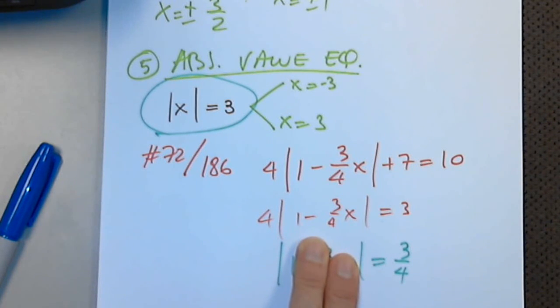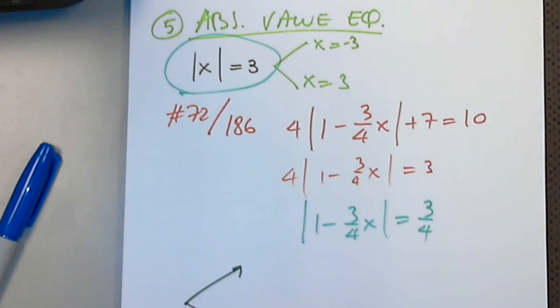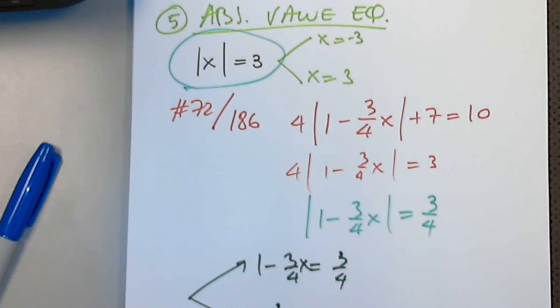Or, that's it. Awesome. Thank you. So here there are two options. 1 minus 3/4 x equals 3/4, and 1 minus 3/4 x equals negative 3/4. We are just mimicking the simple example. It's just that inside I have a much more sophisticated expression, but it's the same thing.